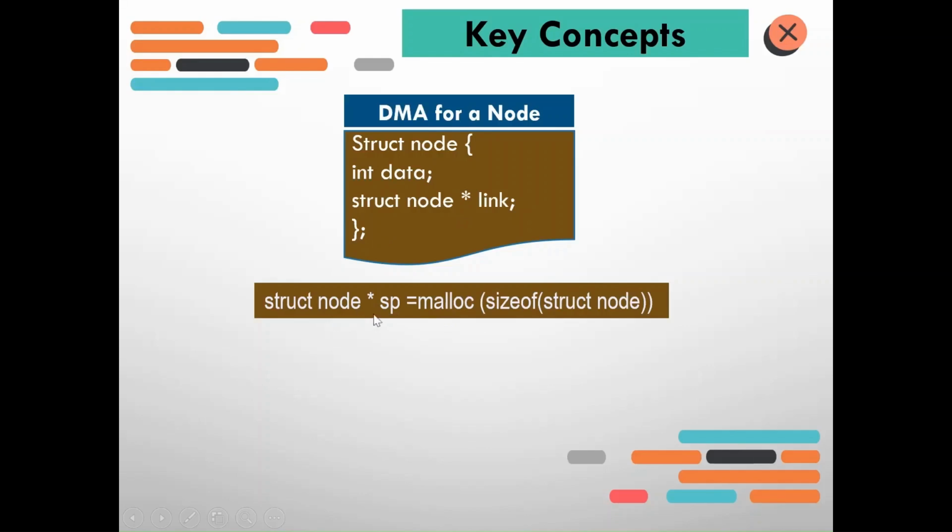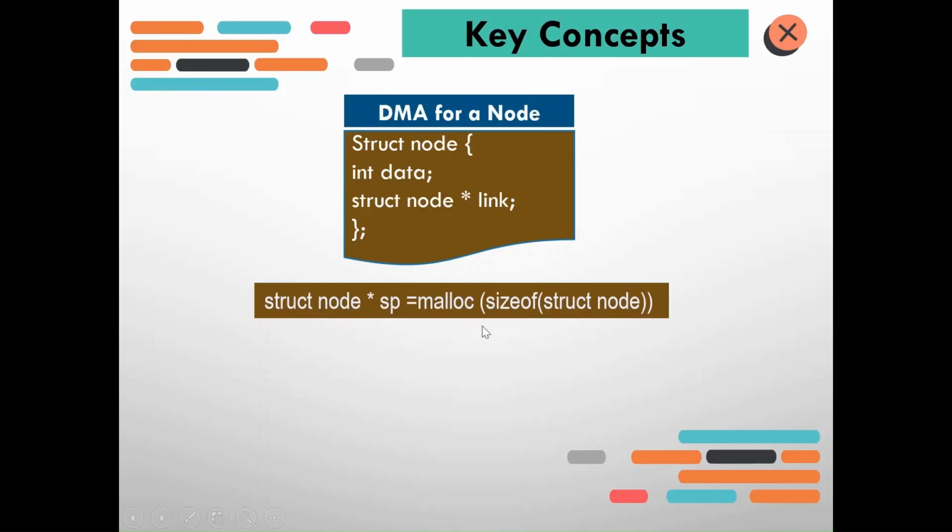As I just discussed, you can take it as a trick that this sp's type should be the same as what you are writing inside the sizeof brackets. Within the brackets I have written struct node, so this sp would be a pointer of that type.